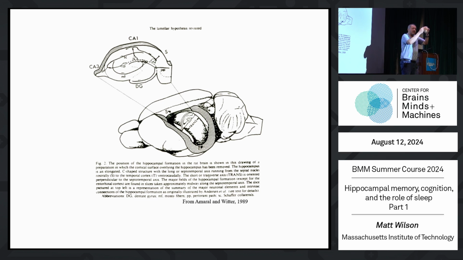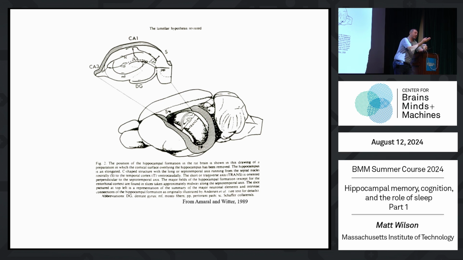So this idea that there's this additional lamellar organization suggests, and this was the thinking when it was originally observed, that maybe you have a parallel process in the hippocampus. It's not just one massive network. It's a whole bunch of parallel networks that can communicate with one another.